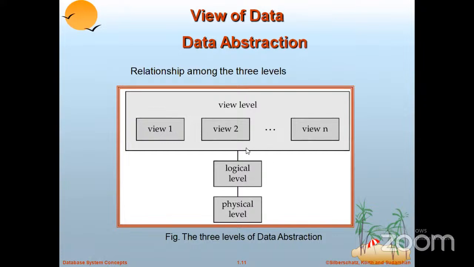Next, coming to the logical level. Again, you need to explain about the logical level. This is the middle level, and it shows the relation among the databases. It describes the data stored in a database and the relationship among the data. It involves simple to complex data structures, and we can also call it physical data independence.